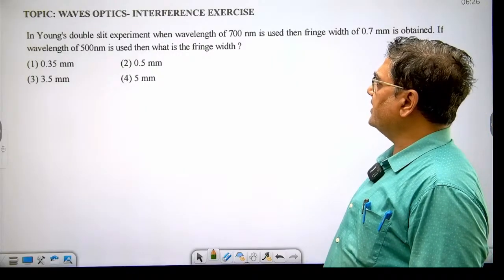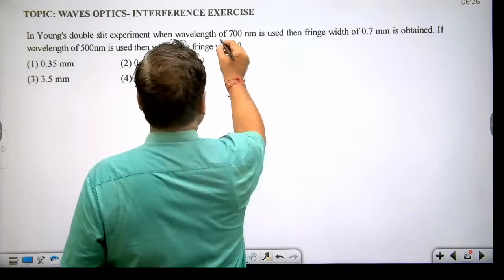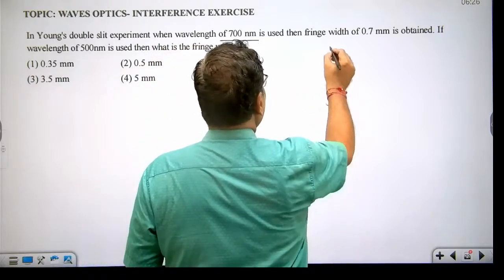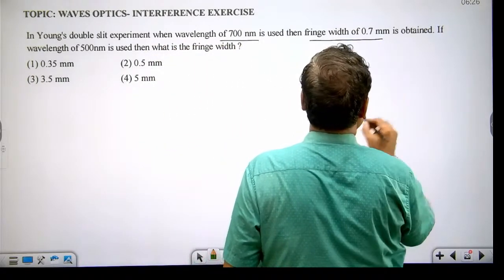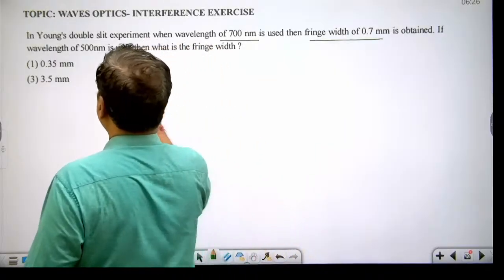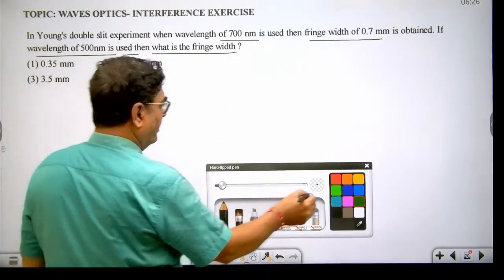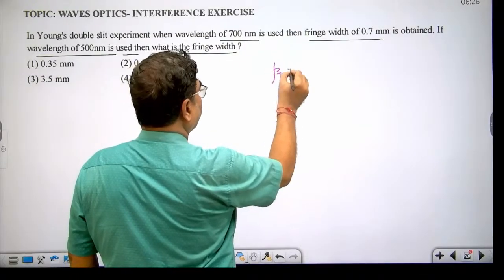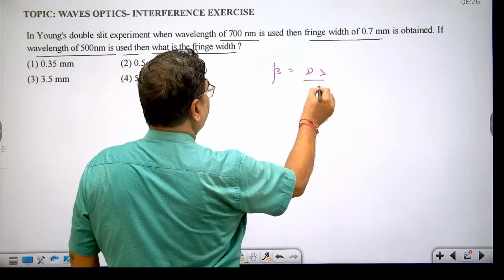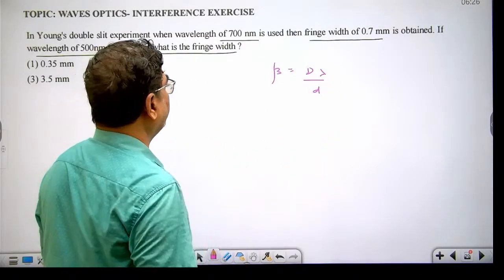In Young's double slit experiment, when wavelength of 700 nanometer is used, then fringe width of 0.7 millimeter is obtained. If wavelength of 500 nanometer is used, then what is the fringe width? Dear student, in YDSE experiment, beta is written as D lambda upon d. Beta is directly proportional to lambda. Okay.